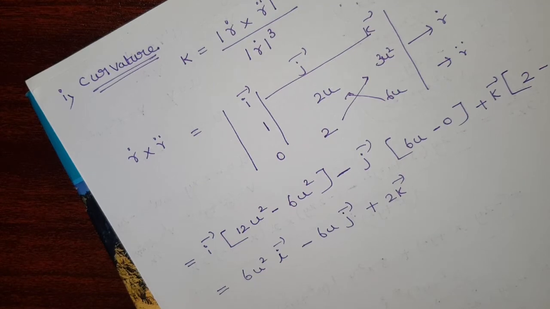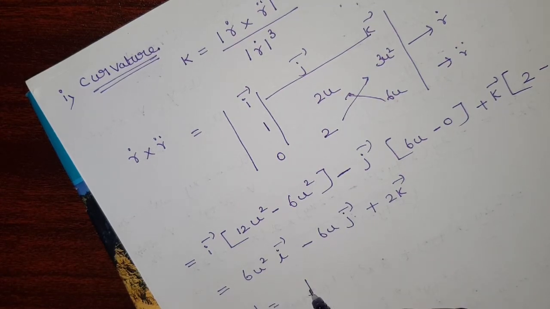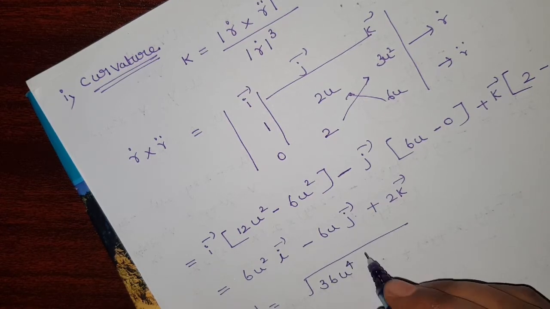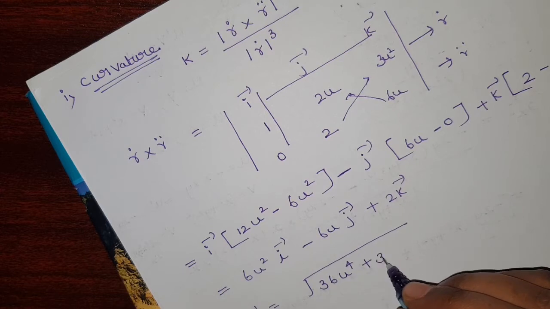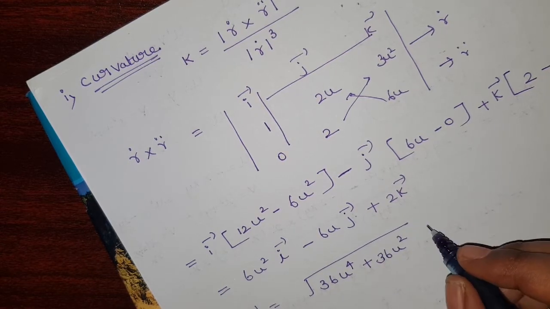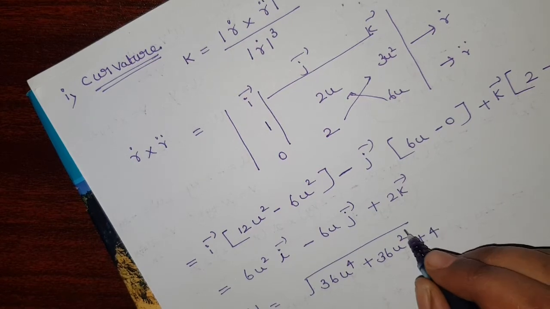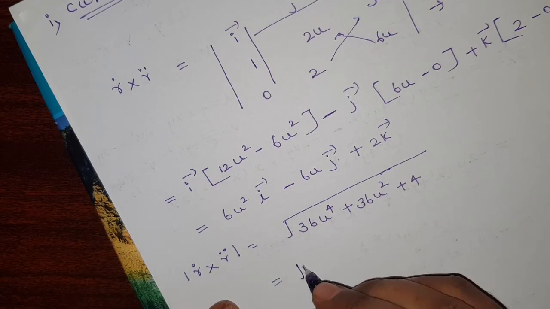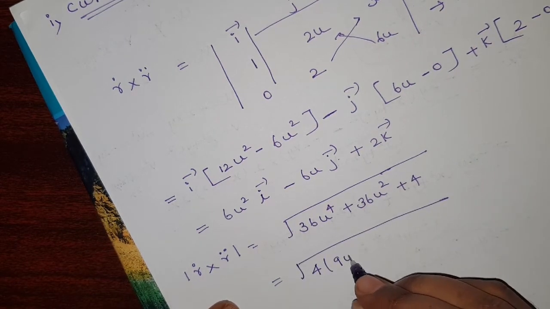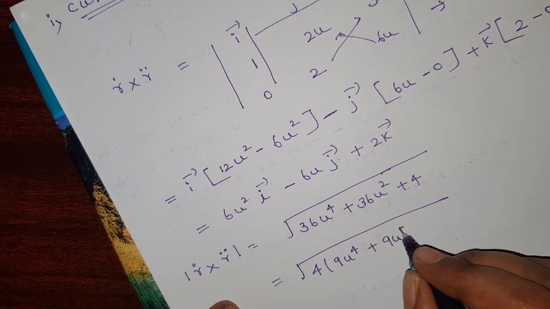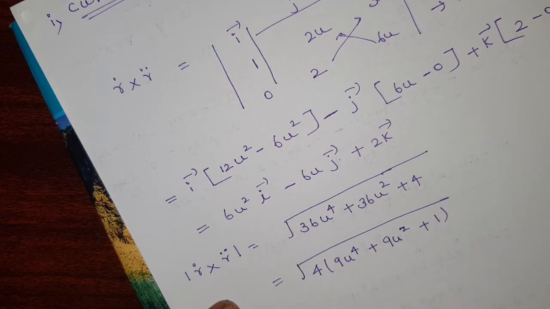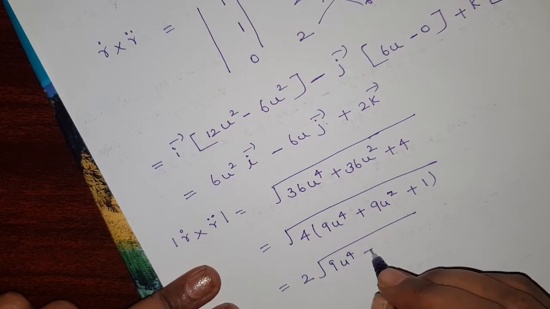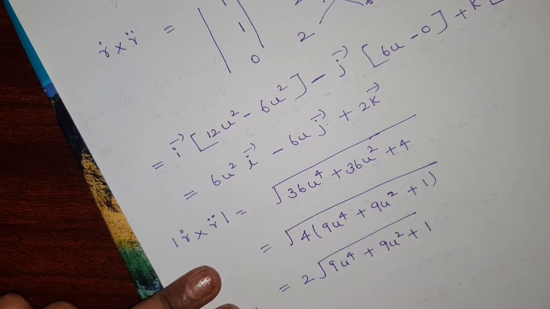Taking the modulus, it becomes square root of 36 u power 4 plus 36 u square plus 4. Taking 4 commonly outside, it is 9 u power 4 plus 9 u square plus 1. Taking 4 outside the square root, it becomes 2 into the square root of 9 u power 4 plus 9 u square plus 1.